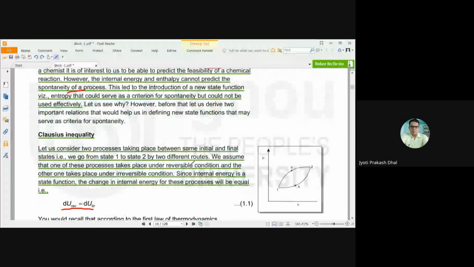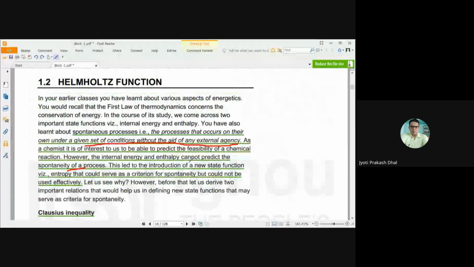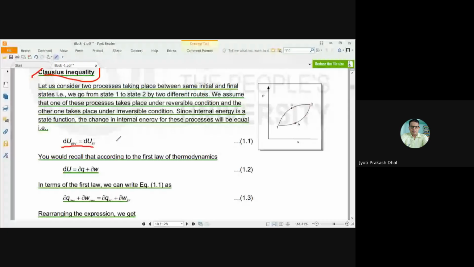So we just started from the Helmholtz function. Before that, we have discussed the Clausius inequality. From the Clausius inequality, the change in internal energy is a state function. So here we are considering two states: state one is the initial state, and state two is the final state.